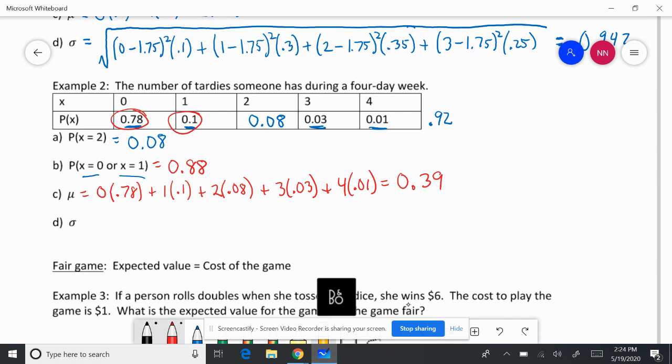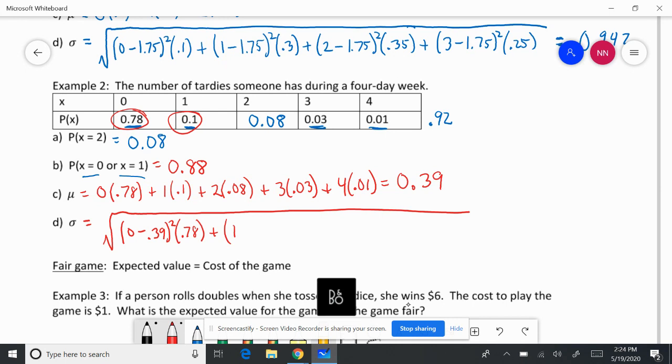Now let's look at the standard deviation. We're going to take the square root. Then we're going to take our first x value, which is 0. I'm going to subtract it from the mean, square it and times it by the probability. Then I'm going to take the next x value, subtract it from the mean, square it, and times it by its probability. I take the next x value, subtract it from the mean, square it, and times it by its probability.